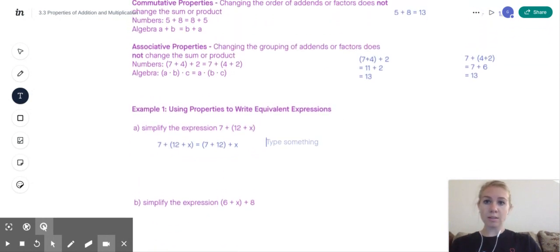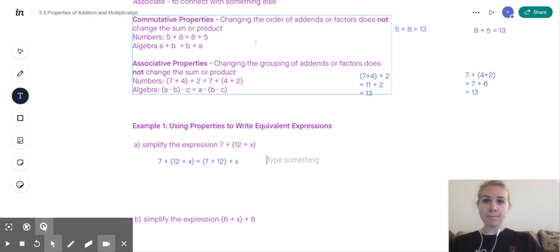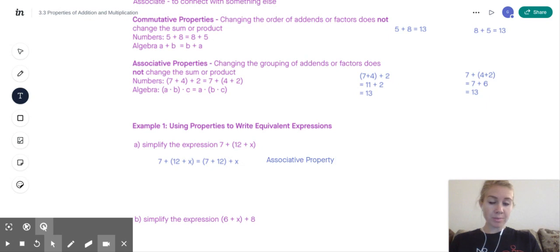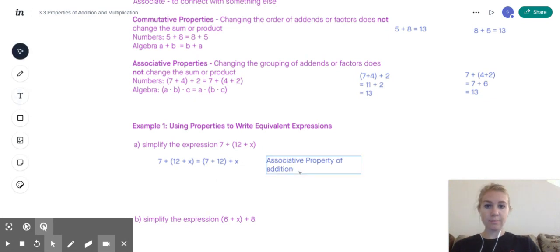Which one changes the grouping? Changing the order? Nope. Changing the grouping? Yes. So that was the associative property. And if we want to be more specific, we would say associative property of addition, because we are adding in our expressions.